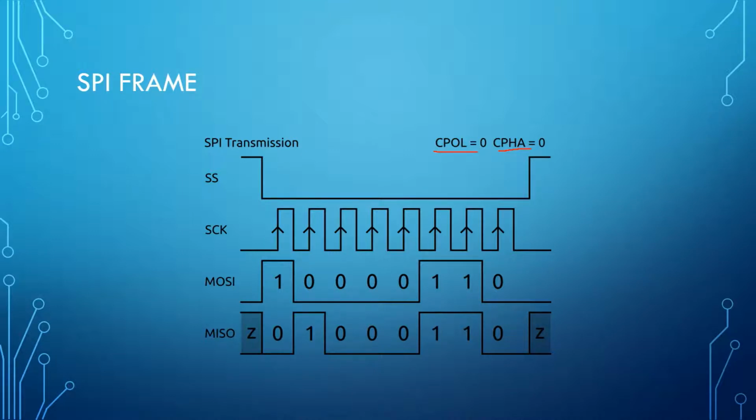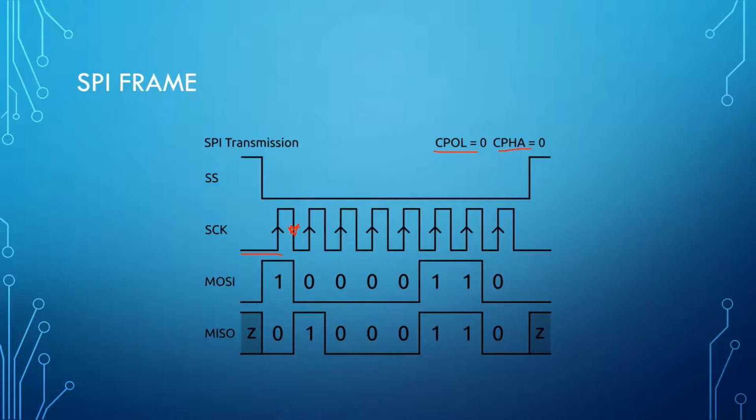There are actually 4 modes of operation of SPI, which will be seen in the next slide, but here I can give a short introduction. When clock polarity and clock phase are both 0, the clock's initial value will be 0, and the operation will be evaluated at the negative edge of the clock.